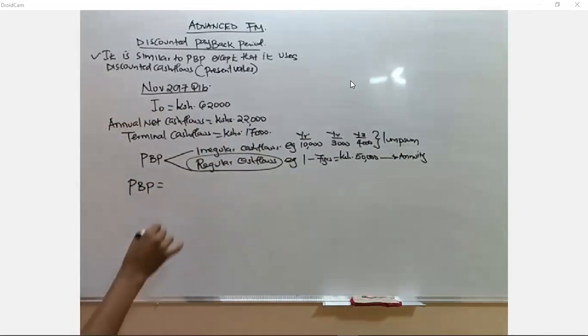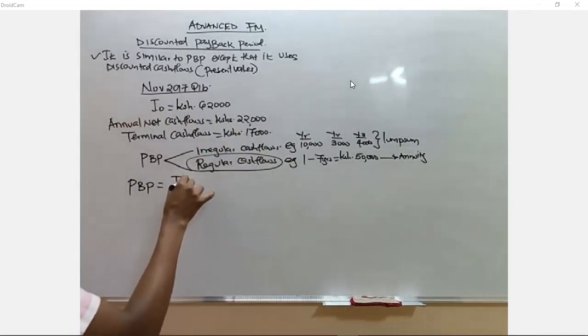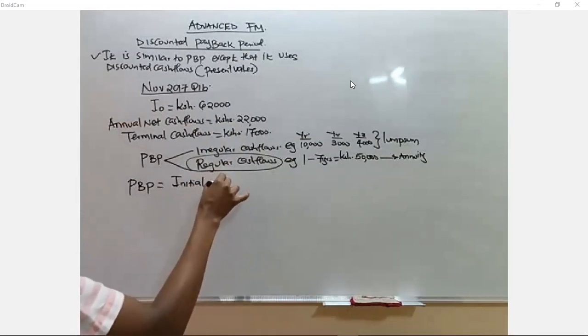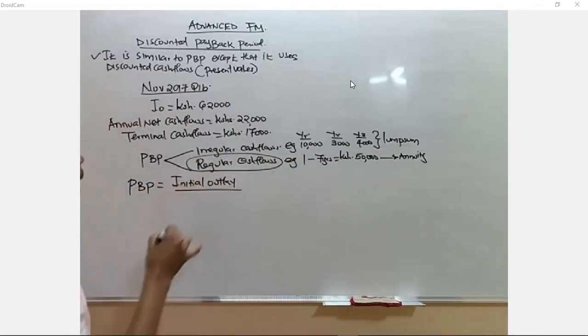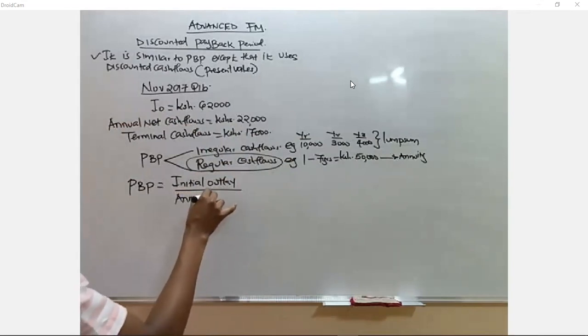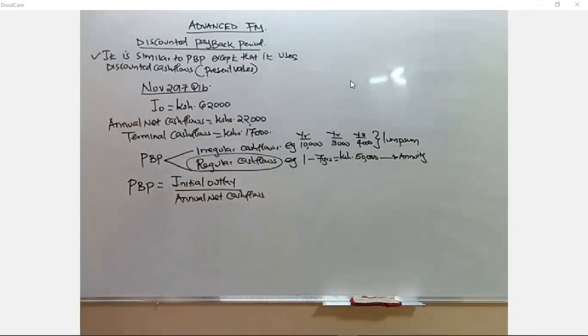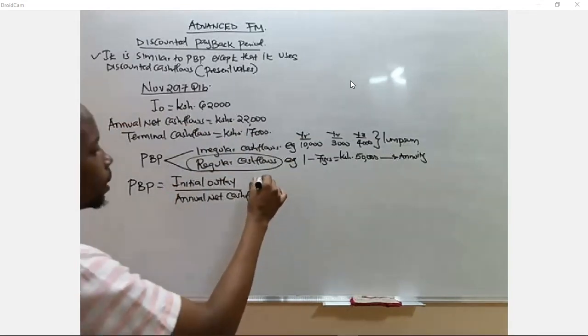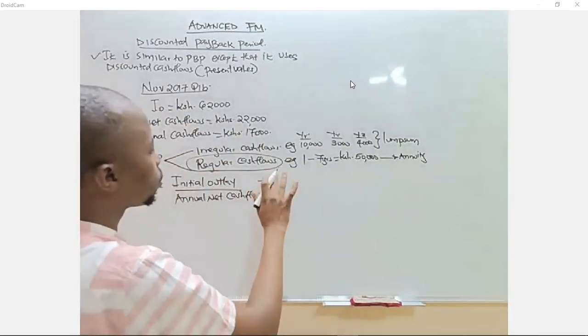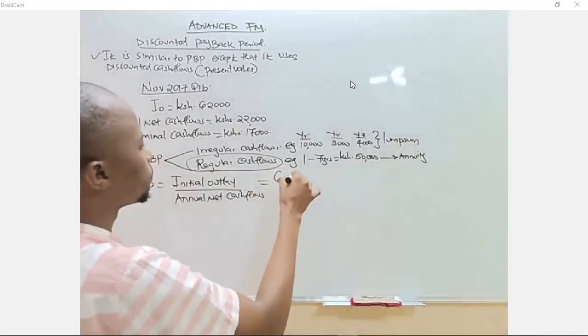You take the initial outlay and divide by the annual net cash flows. Our initial outlay is 62,000.